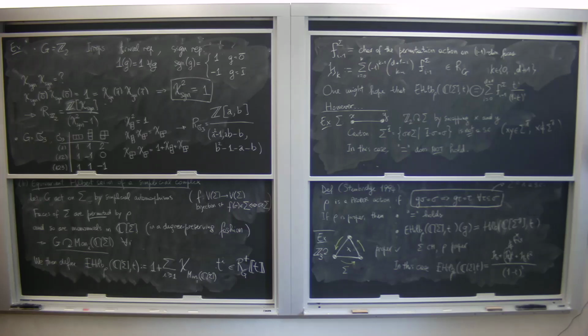However, in this context, first of all, you need to choose a linear system of parameters that is G invariant. Otherwise, you're going to destroy the structure. But even so, different choices of linear system of parameters are going to give you different rational expressions, because the denominator is also containing part of the information.